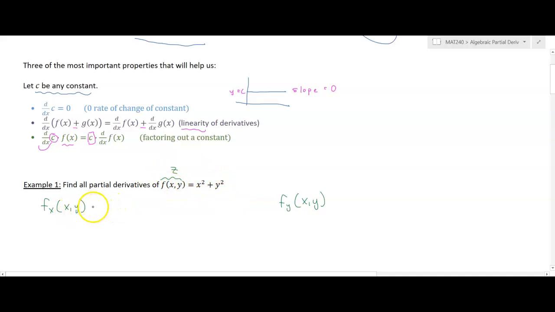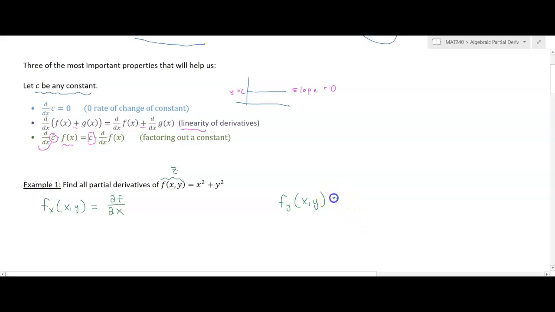The two other notations that we can use here that are interchangeable: the partial of f with respect to x, which you can still read as df dx. We just use that partial operator to indicate that our function f depends on more than one input. They mean the same thing, but this is just used as a convention in multivariable calculus.